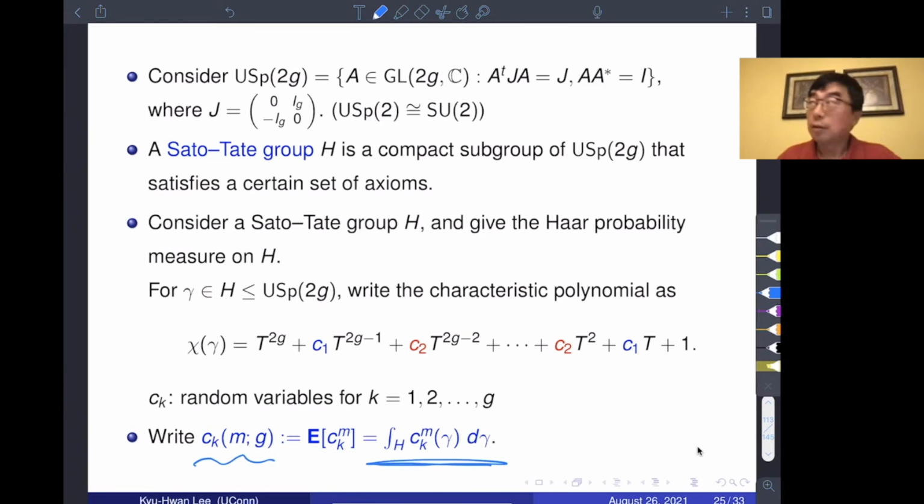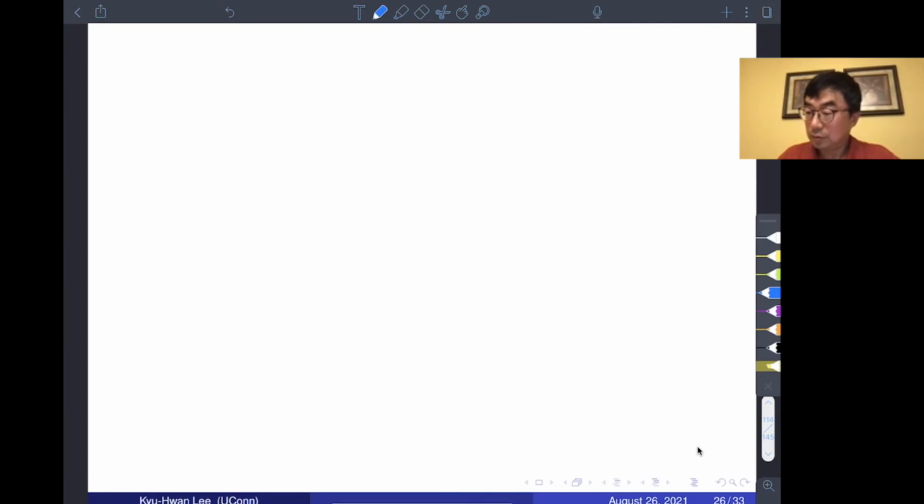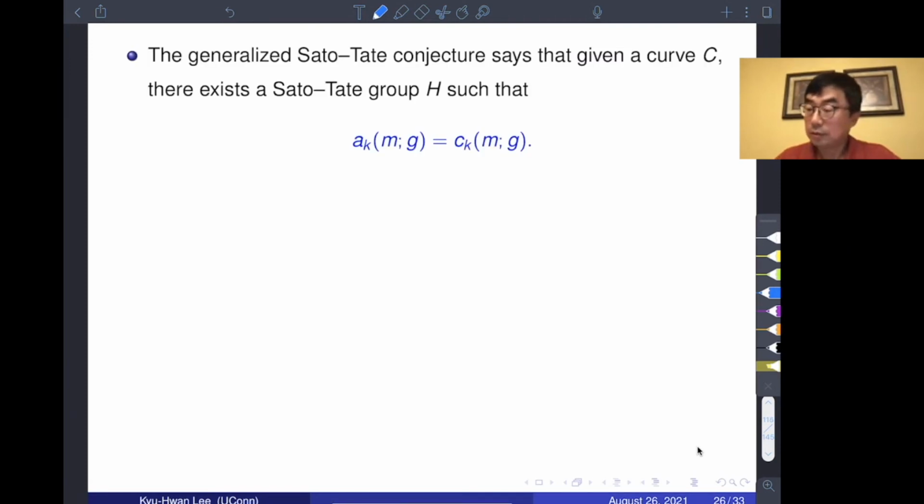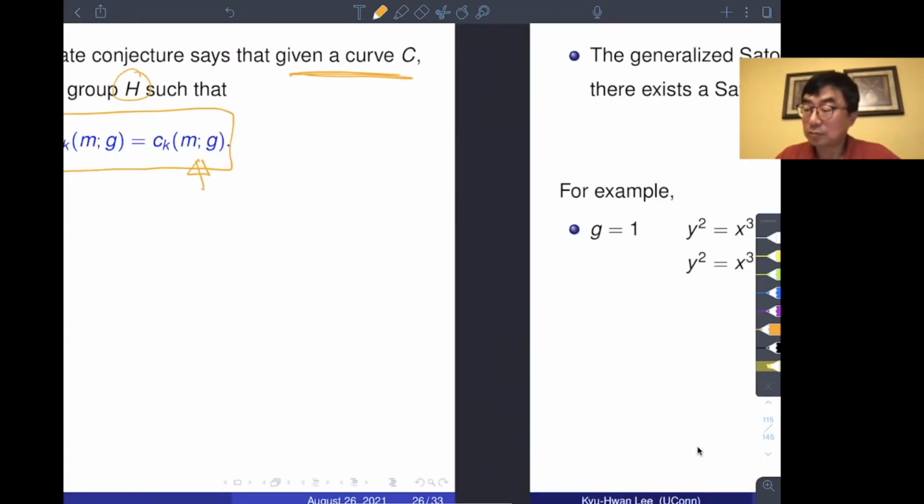And the Sato-Tate conjecture says that we have this. That's the conjecture. The generalized Sato-Tate conjecture says that given a curve, there exists a Sato-Tate group H so that this is from random matrices of the Sato-Tate group.